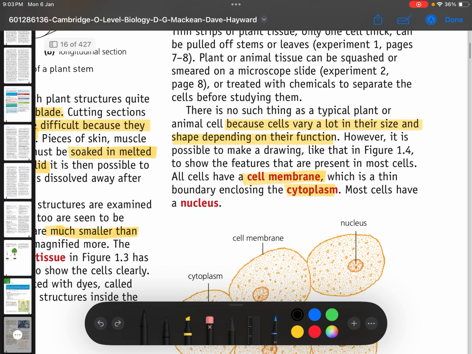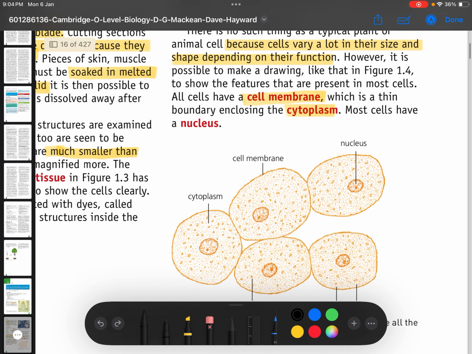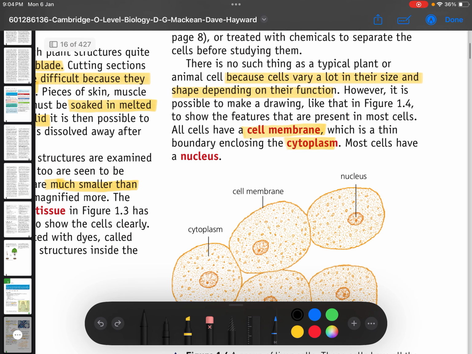Now, a few important structures present within a cell, within its boundaries, and one of the most common structures is the cell membrane. It's basically an outer boundary of the cell. It bounds the cells and its contents inside the cell. And the second is cytoplasm.